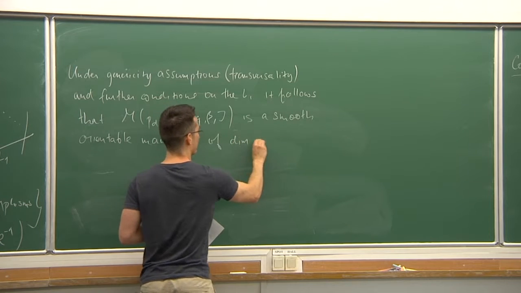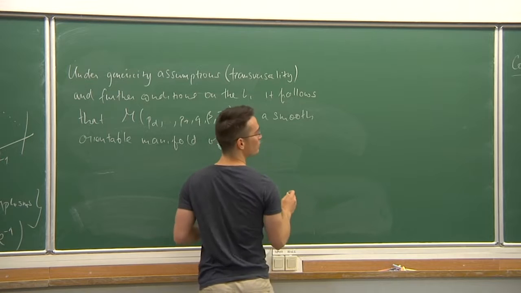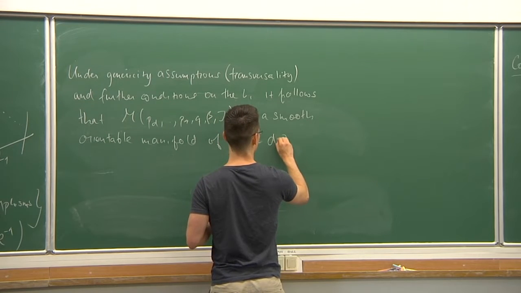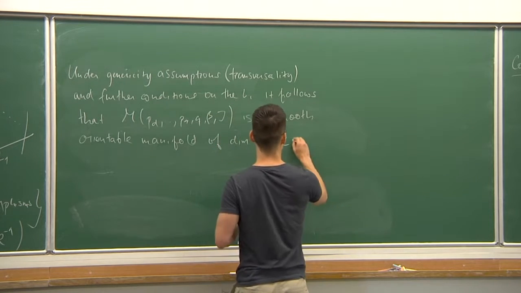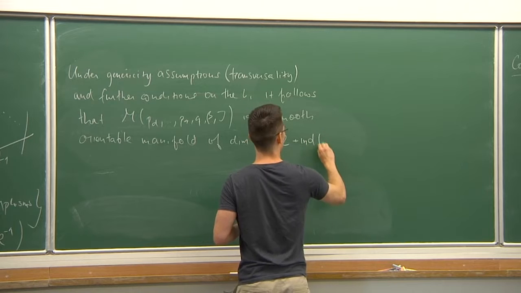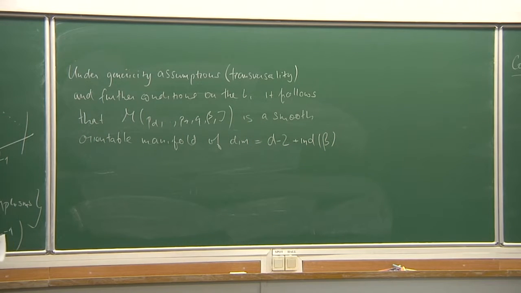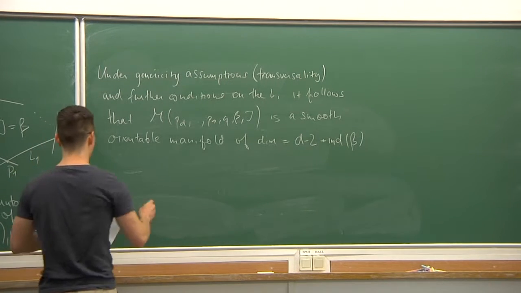So the dimension is given by the number of punctures minus 1. So we have D minus 2, plus the index of the class beta. Okay. And so now with this, we can define the composition maps.